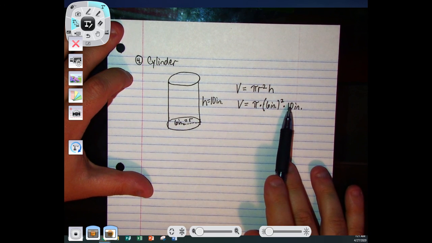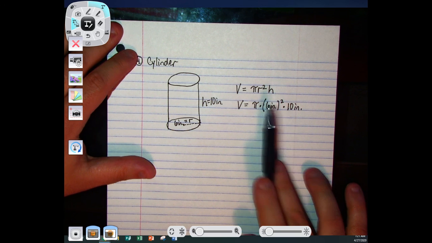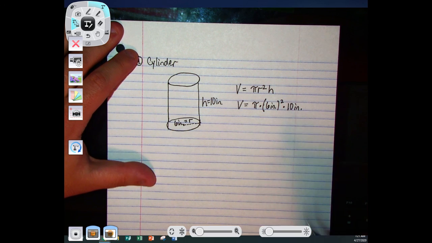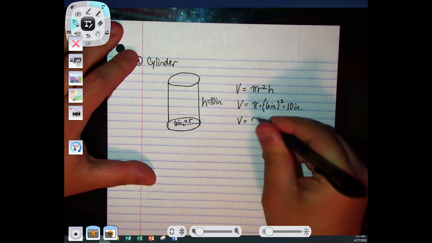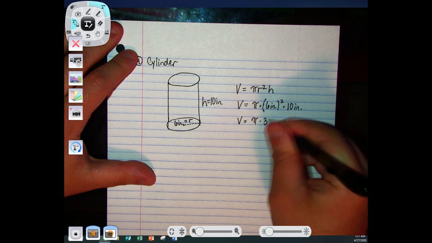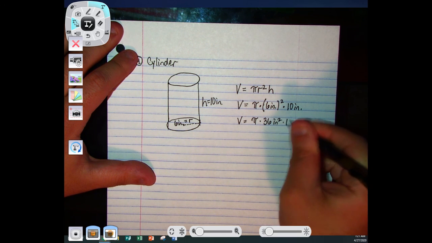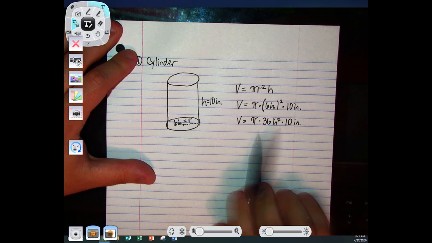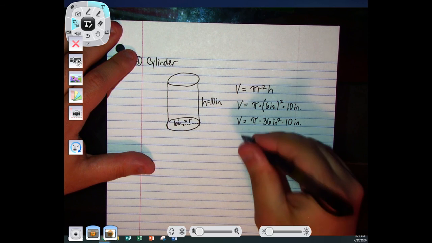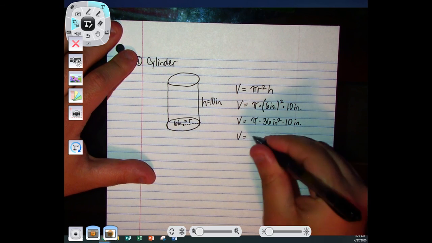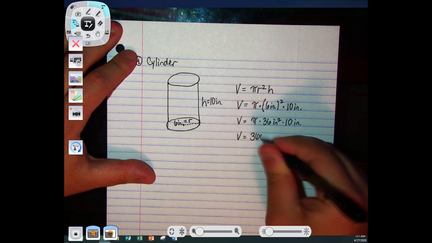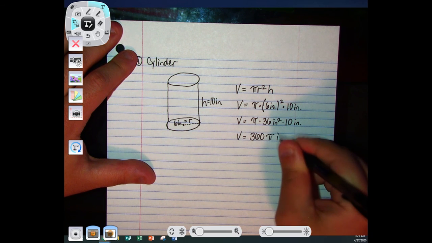Following order of operations, we square the 6 first. So it'd be pi times 36 inches squared times 10 inches. When I multiply 36 times 10, that gets us 360 pi cubic inches.